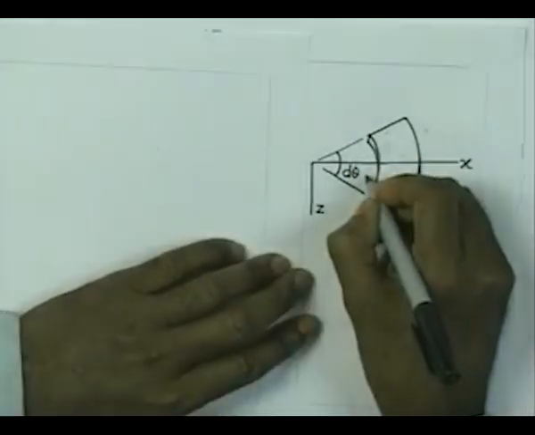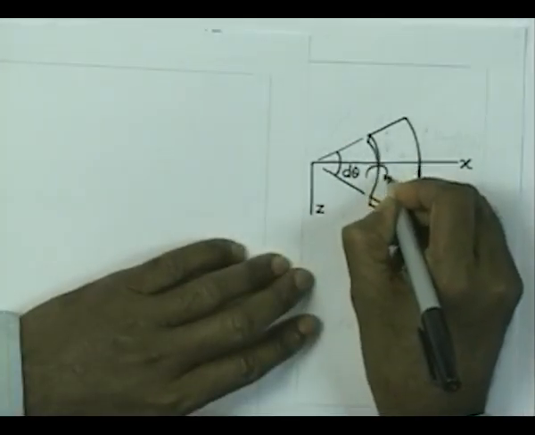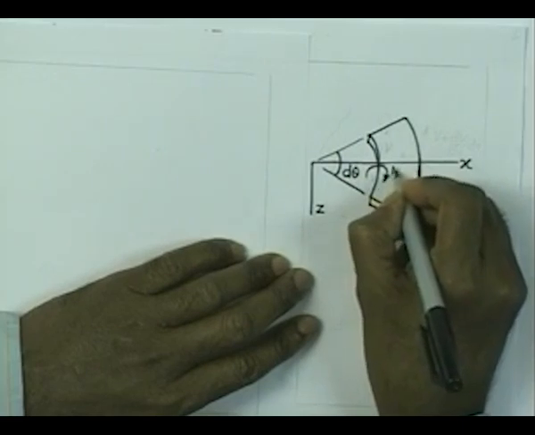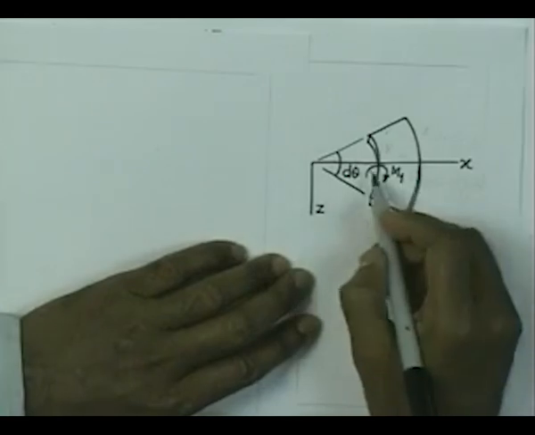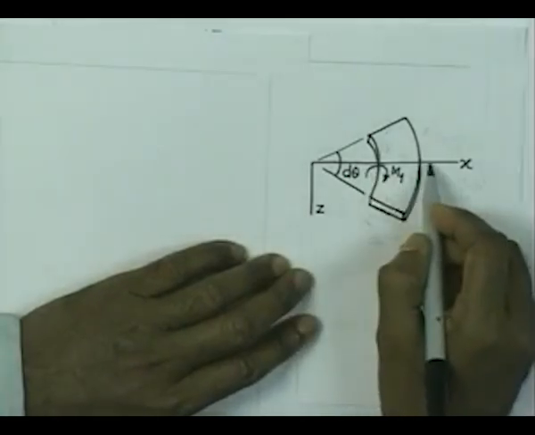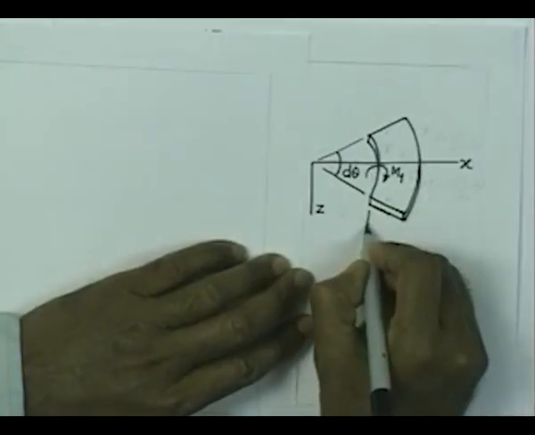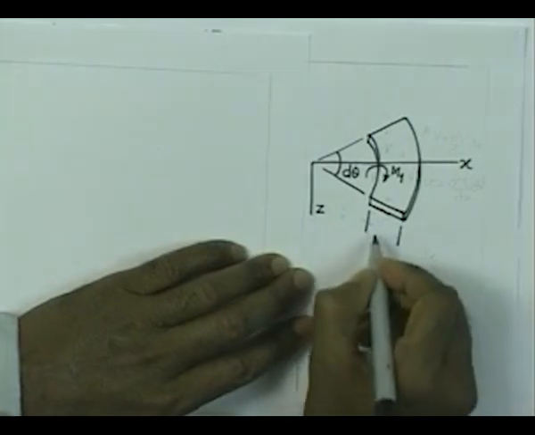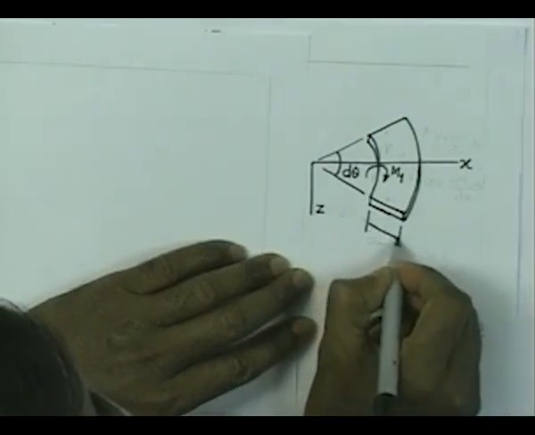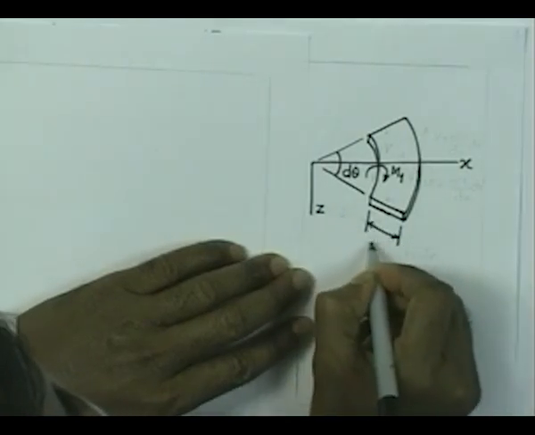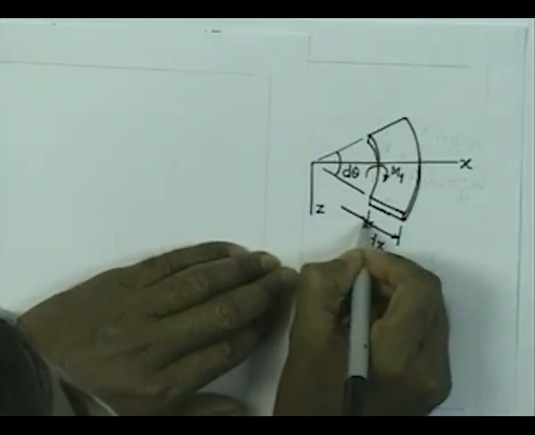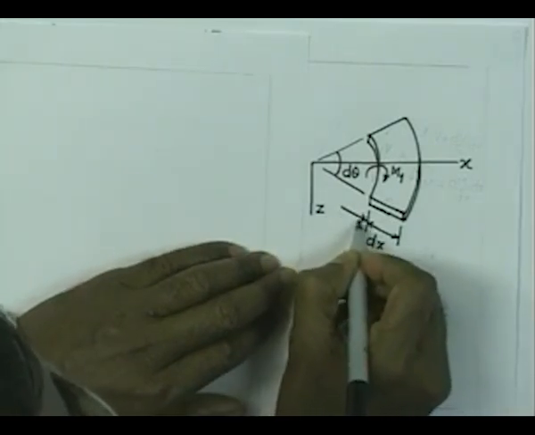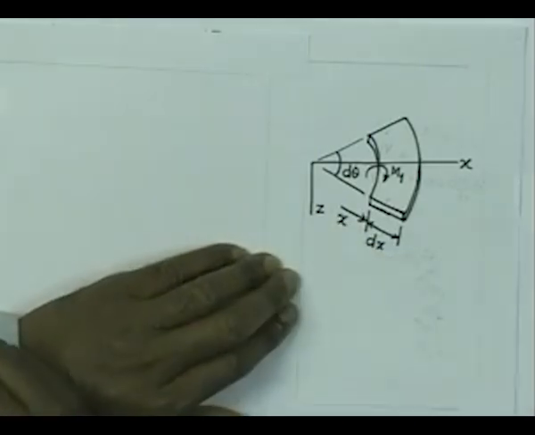On this radial face, let us consider that the moment per unit length of the circumference is equal to m1 acting here, and this bending moment changes as we move to the other end, which is at a distance of, let us say, dx from the first one. So, let us say that this location is x.